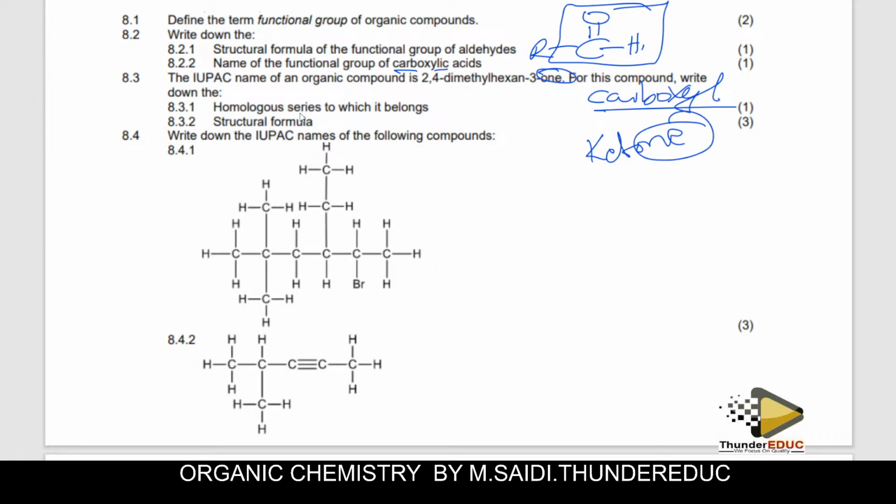Structure formula. Okay, let's sort it out. Hexane, so it means there are 6 carbons: 1, 2, 3, 4, 5, 6. The oxygen is on carbon atom number 3, so it is here.